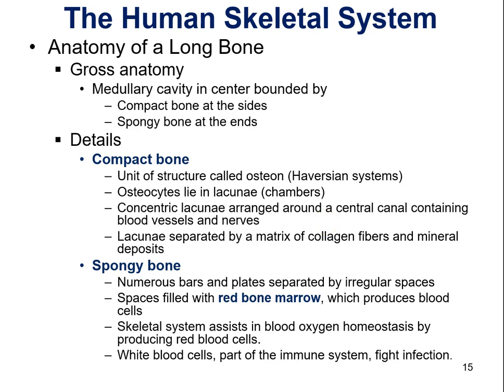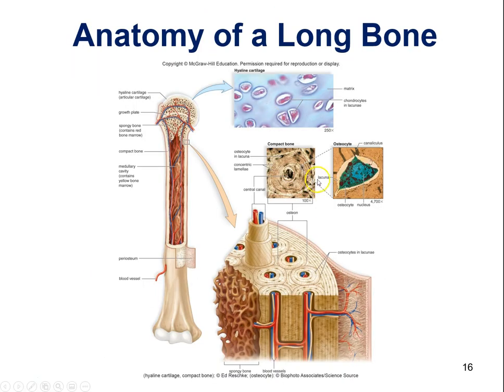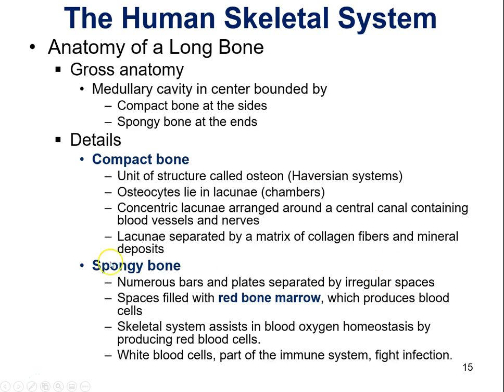And that central canal contains the blood vessels and the nerves. So that picture, which is here, that we saw in our tissues chapter, when you see a picture like this, you should probably be able to identify this right away as bone, okay? And that's compact bone.